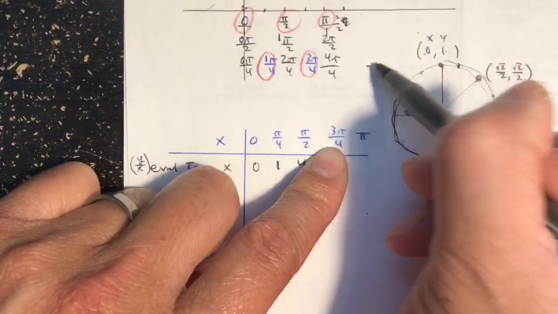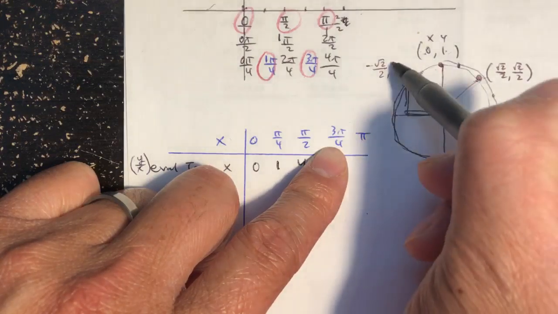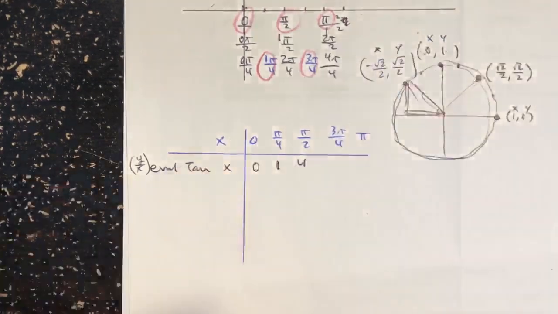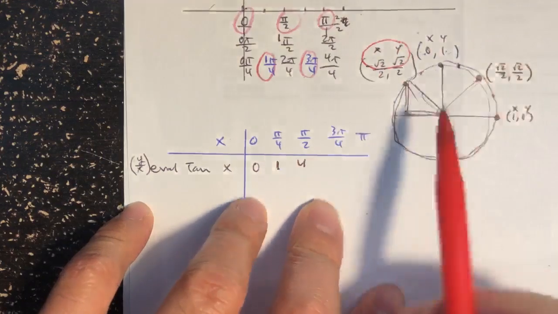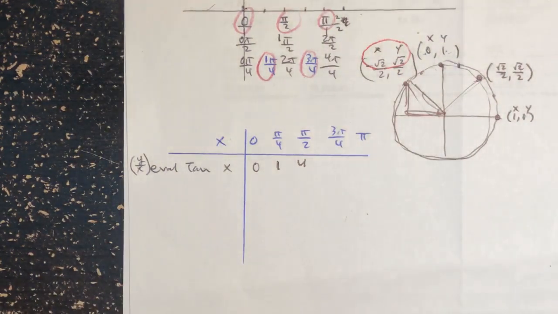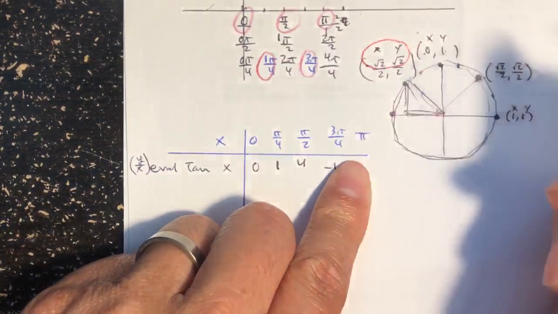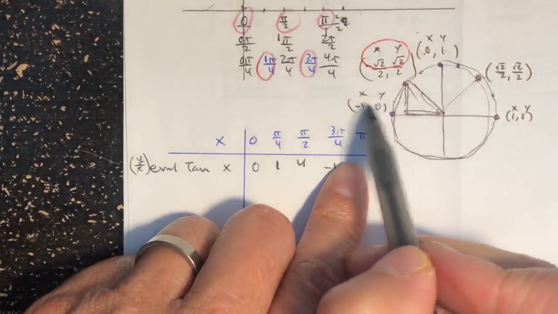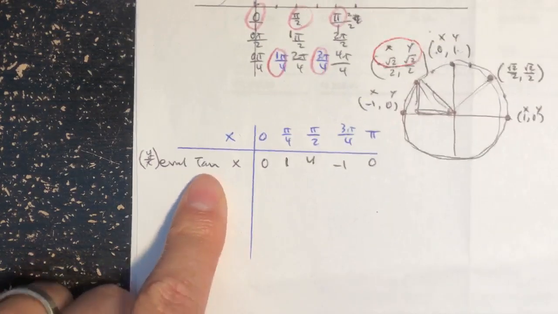That's negative radical 2 over 2, positive radical 2 over 2. The only ones I need are the y and the x, so that's radical 2 over negative radical 2, which is negative 1. And at pi, the ordered pair is (-1, 0), so that would be 0. And that's how you evaluate tangent.